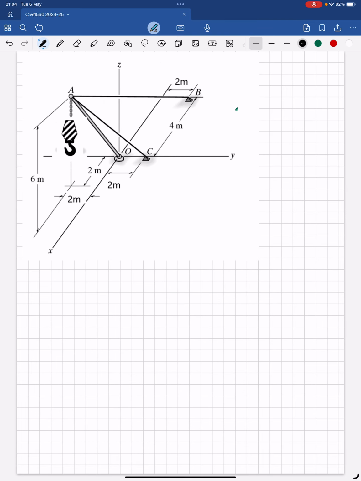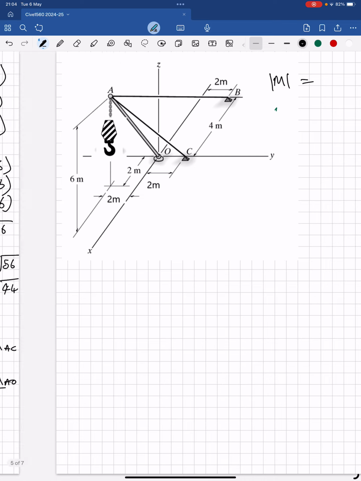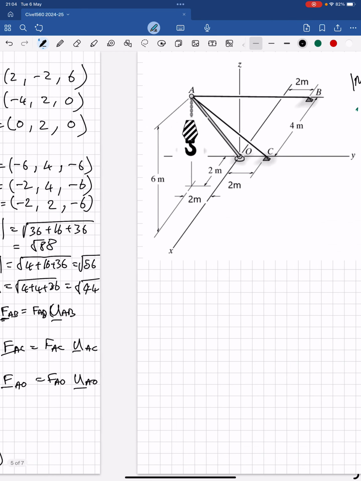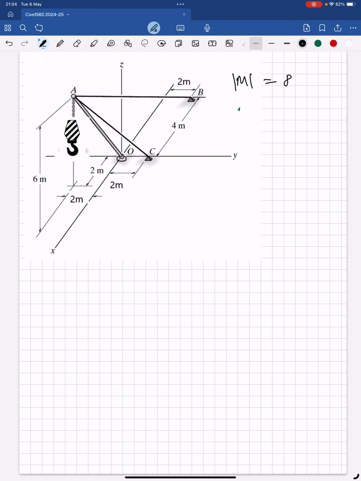We'll look at that again. Now what does the question say? The question says that the magnitude of M is equal to 8 root 13 kilonewton meters. We could say that is 8,000 root 13 newton meters.